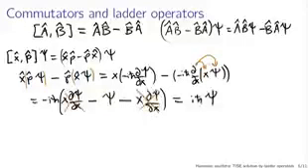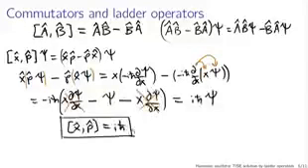So I started with the commutator acting on the wave function, and I just got a constant multiplied by the wave function. So I can drop my hypothetical wave function now and just write an equation involving the operators again. The commutator of x and p is i h bar. It's a weird looking equation, but you can see, if you recall from the last slide, what we're going to end up with.